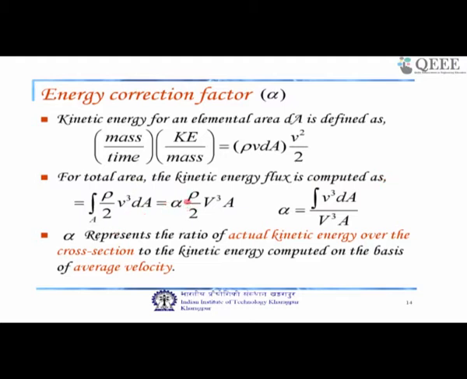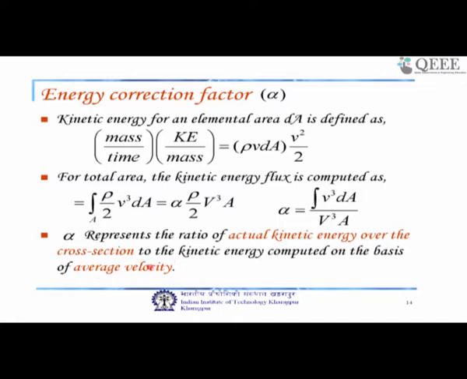So, in this case alpha is the correction factor because we are utilizing this mean velocity. So, what is that correction factor? The correction factor is nothing but the ratio of these two quantities. So, alpha represents the ratio of the actual kinetic energy over the cross section to the kinetic energy computed on the basis of average velocity.